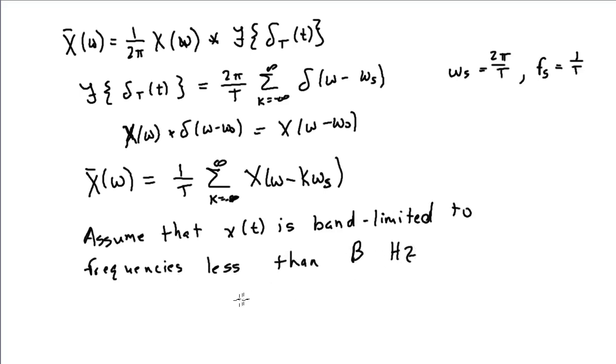Okay. Which, for example, a representative spectrum of x of omega, let's just say, looks like this. The shape's quite arbitrary, but it's limited to frequencies between 0 and capital B. Okay.